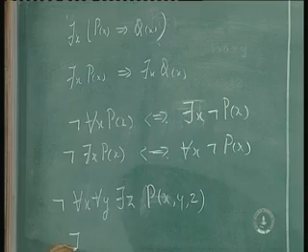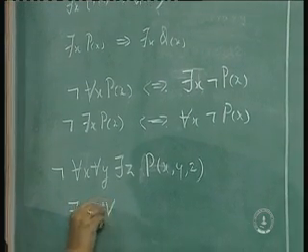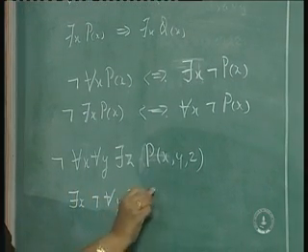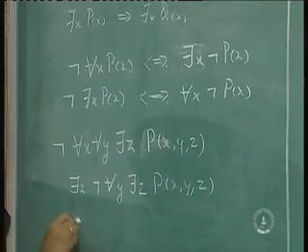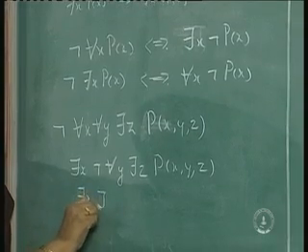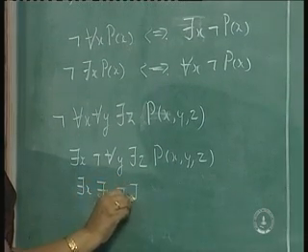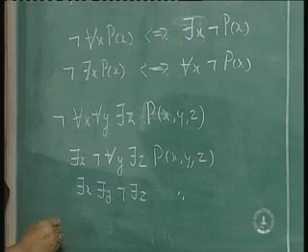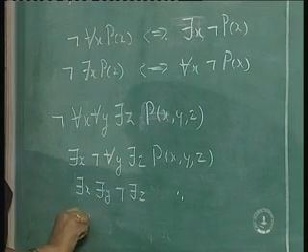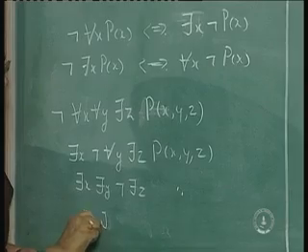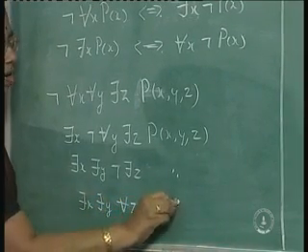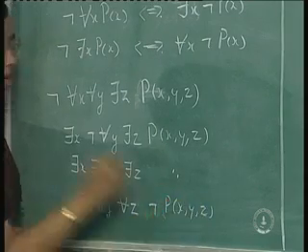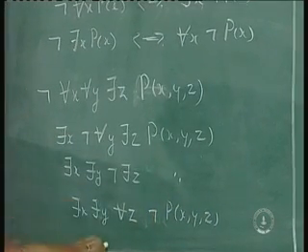This will become there exists x not of for all of y there exists z P of x, y, z, and again when you bring it inside, it will become there exists x, there exists y, not there exists z P of x, y, z, and then again it will become there exists x, there exists y, for all z not of P of x comma y comma z. This is the way you bring not inside the statement.